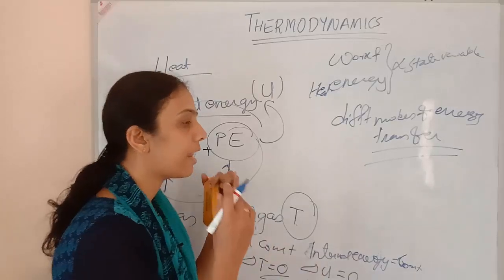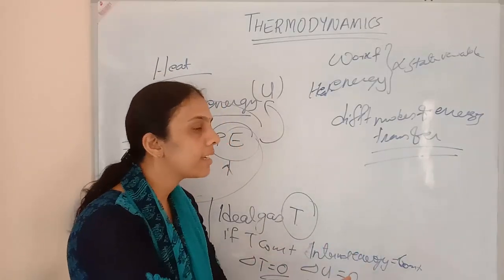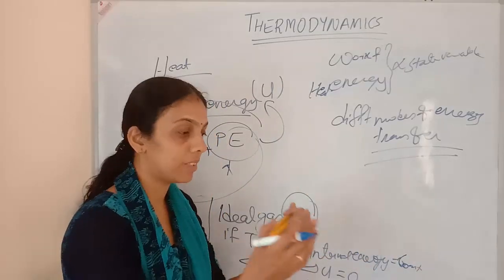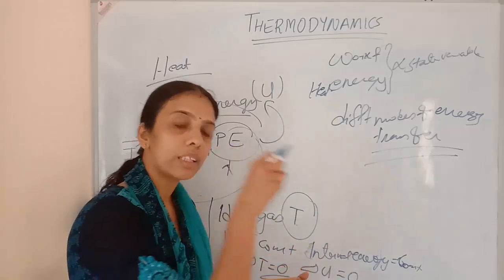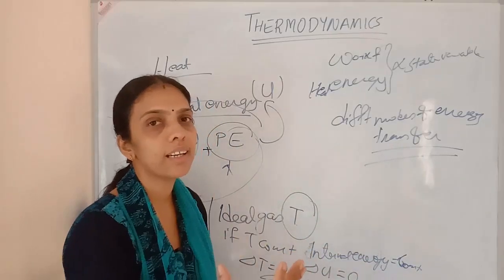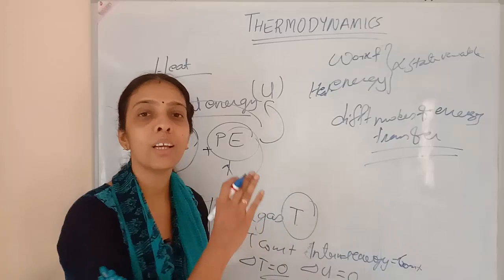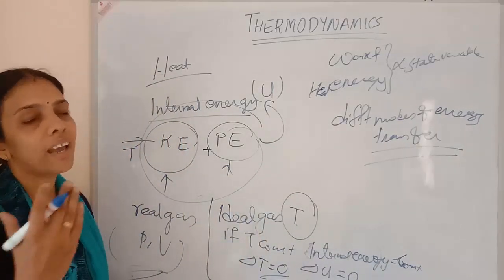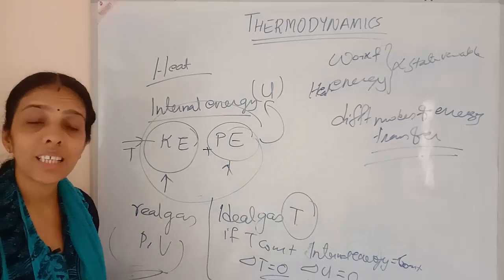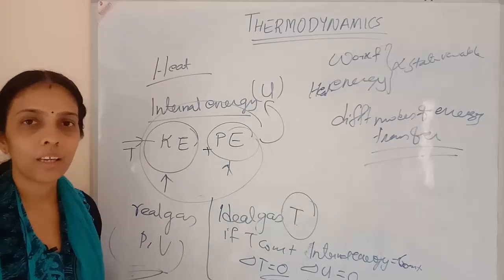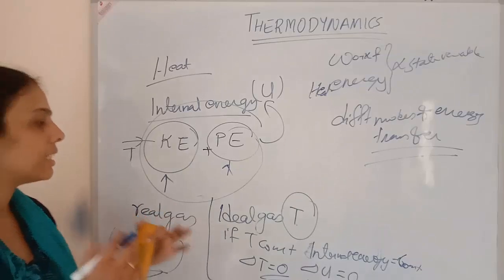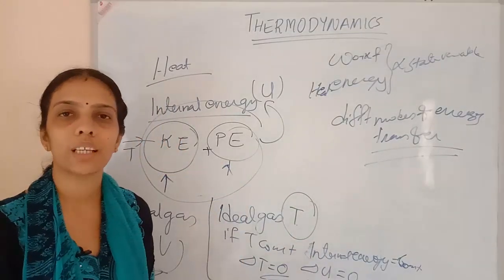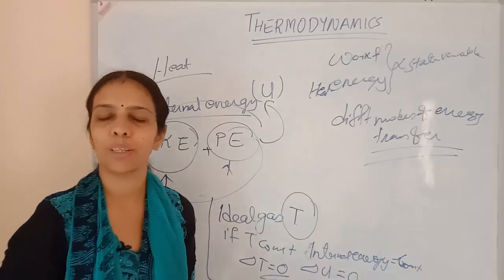In those two cases, since we are taking energy or giving energy, internal energy will be changing. So it is used to change the internal energy of the system. Clear what is meant by heat, internal energy and work done. Next we are going to study the first law of thermodynamics.